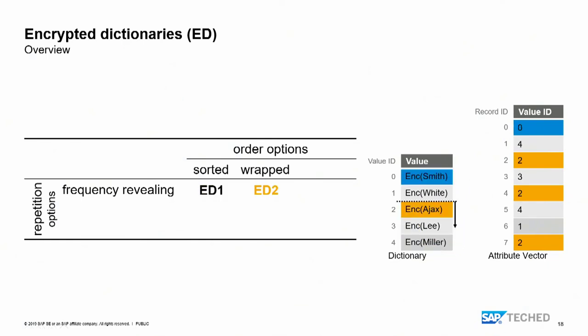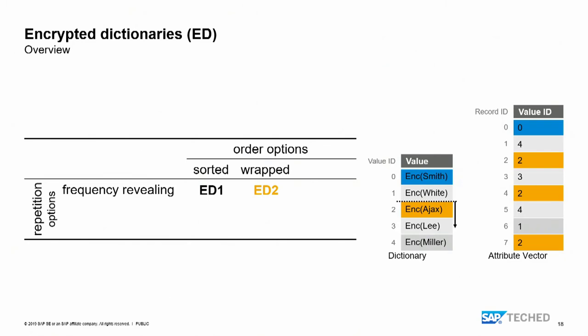Okay, let's come to the second order option that we called wrapped. Here, the dictionary is still sorted. HX, Lee, Miller, Smith, White. But it's, so we call it wrapped, right? At this position. You can also say it was shifted by 2. So we have the array and we shifted it by 2, wrapped it around. This is the result. And I will just quickly toggle back and forth.